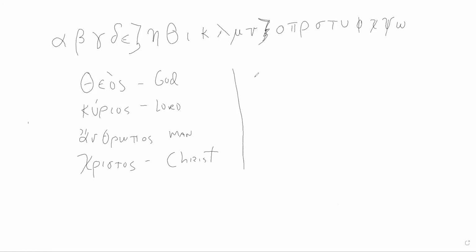Another word, which is very common, not only in Greek, but also in most of the Indo-European languages, is, oops, go back to my writing here. This one here. I happen to bold it a little bit more.